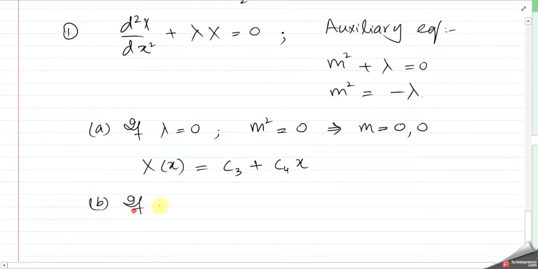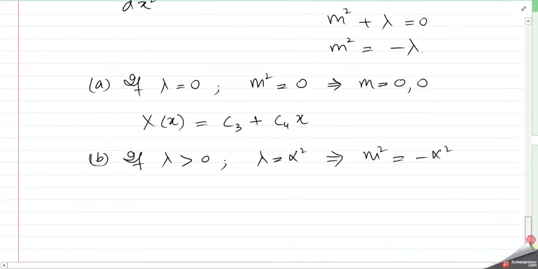Second is if lambda is positive. In this case, I'll put lambda equals alpha squared just to make our lives easier.